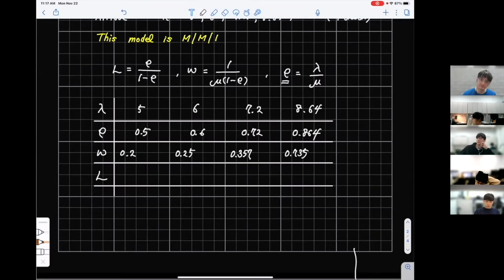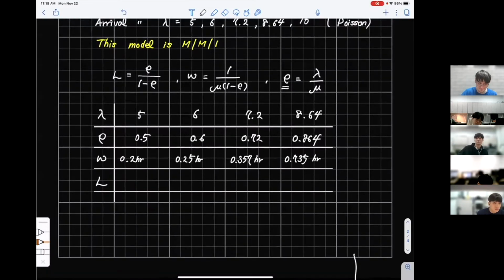The unit is hours. Some students calculated this problem with the minutes unit, but it's okay.